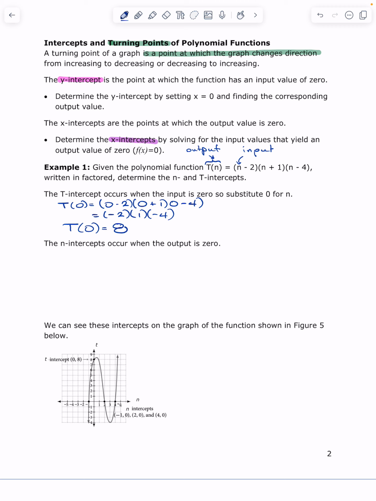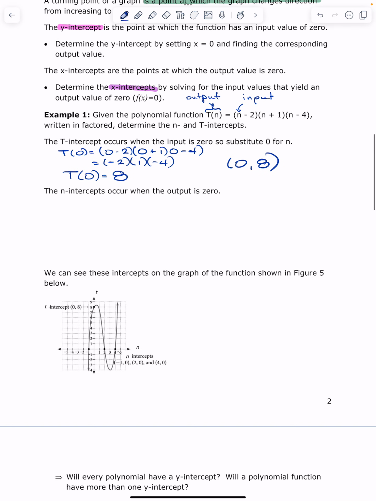My t of 0 is 8. So when I plug in 0 for x, I get 8 for y. And if we come down here to the graph where it's already graphed, I stuck that in there so as we go, we can confirm we're doing this correctly.